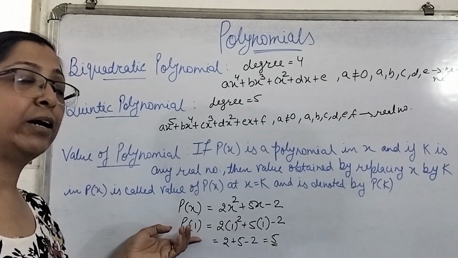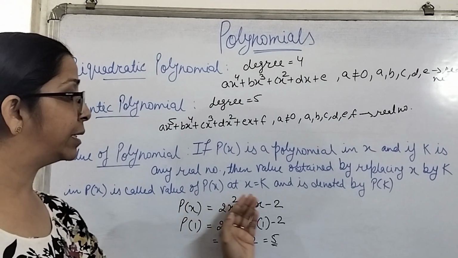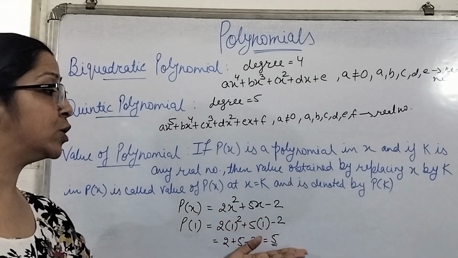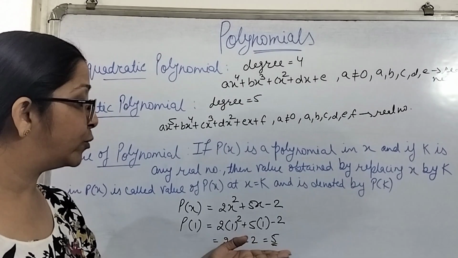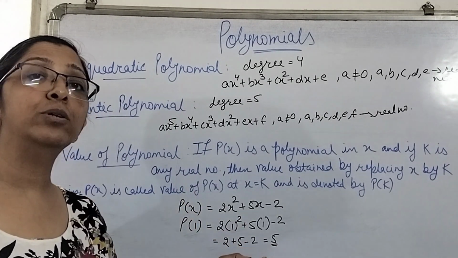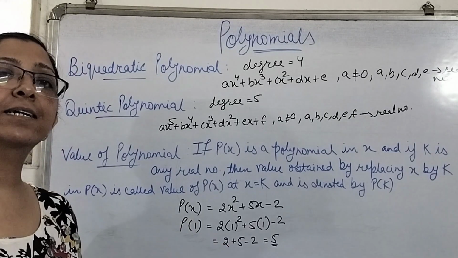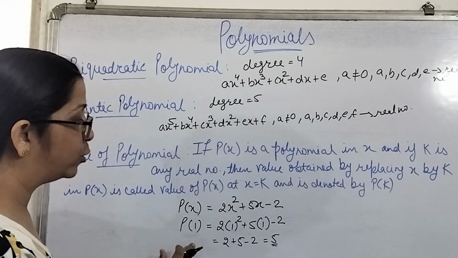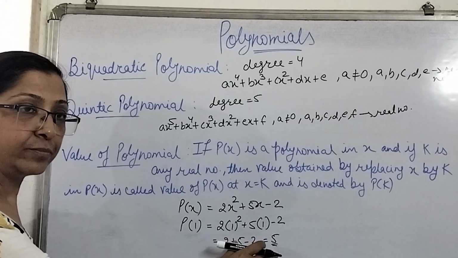If we replace the variable with the given real number, whatever value we get is the value of the polynomial at x = k, that is, here at x = 1. So the value of this polynomial at x = 1 is 5.